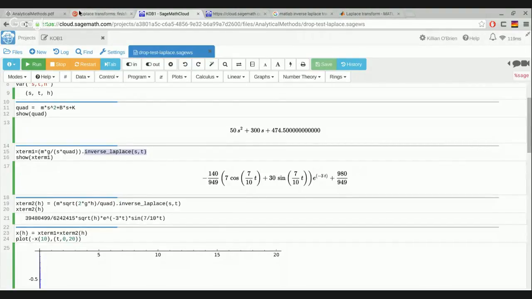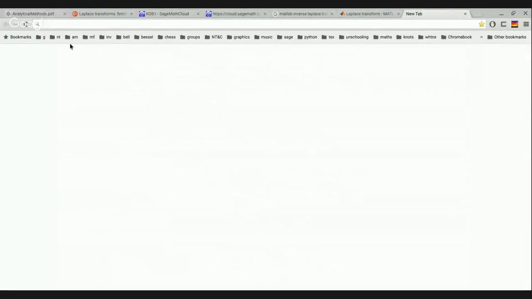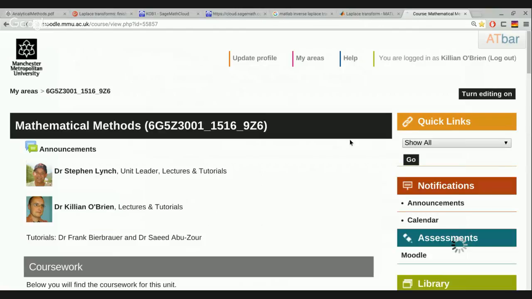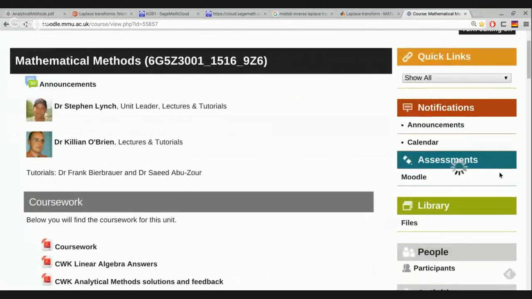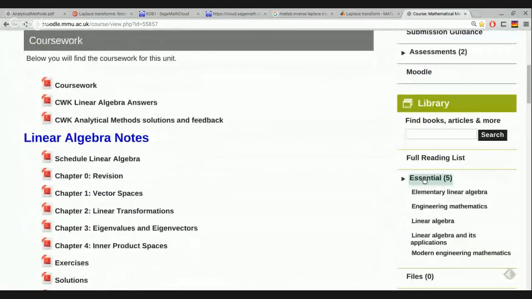You will also find, if you're craving more material, if you look at some of these suggested books, you'll also find more worked examples, another take on some of the theory. So if you look at the one at the bottom of the library block, Modern Engineering Mathematics, it's a good book by Glyn James.